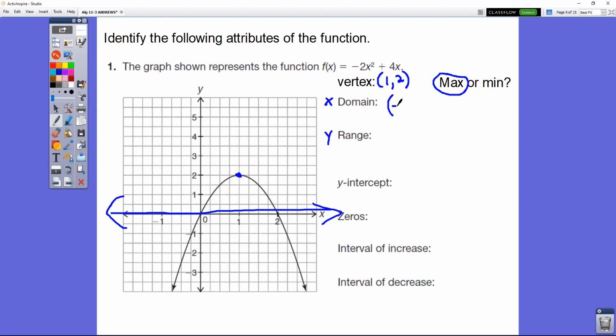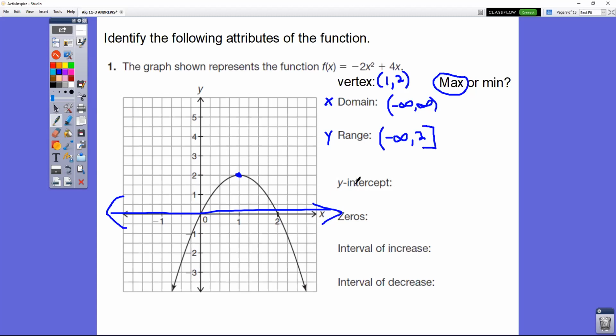So the domain of this graph would be negative infinity to positive infinity. The range of this graph, the highest this graph goes is 2. The lowest this graph goes, it never stops. So it goes from negative infinity all the way up to 2. It includes 2, so you have to use that squarey parenthesis.